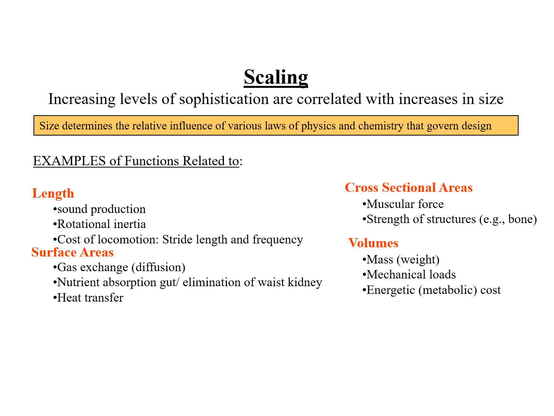The force of muscle is a function of the cross-sectional area of the muscle. The strength of bone loaded under compression is a function of the cross-sectional area of the bone. And things like basal metabolic rate or body mass are related to volume. So relative volume, cross-sectional area, and length change as animals change in size, and the study of this is known as scaling.